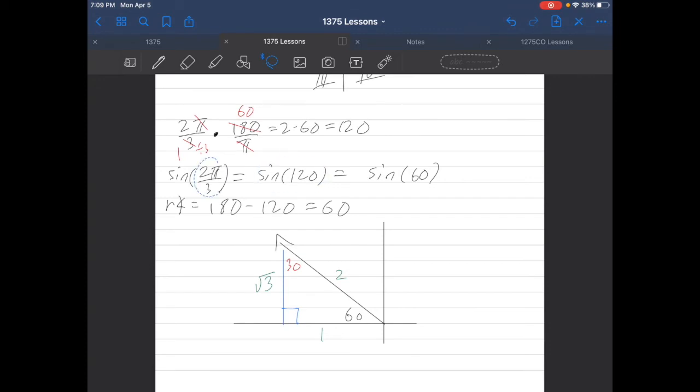So 2 pi over 3 and 120 is a direct substitute without anything else to be aware of. But when you substitute this 120 for 60, this is something you need to be aware of. Is this going to be positive or negative? Because it's possible that our replacement can create a negative. Remember that in quadrant number 2, the sine function is positive.